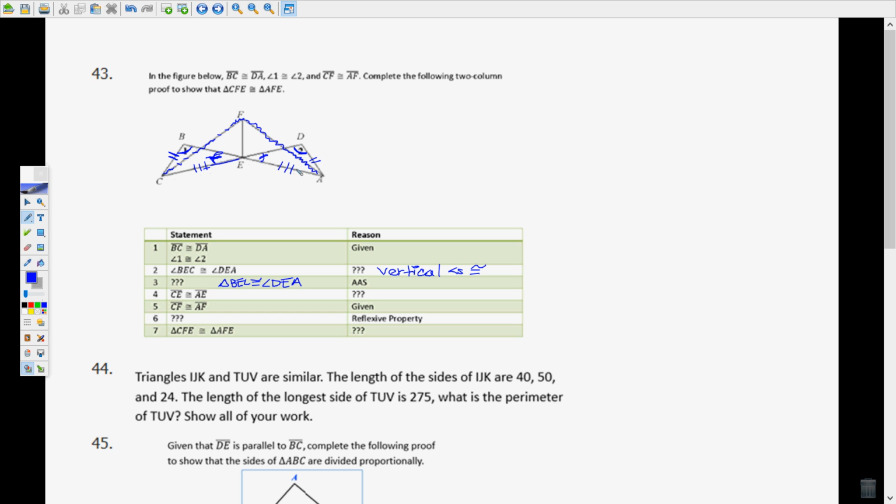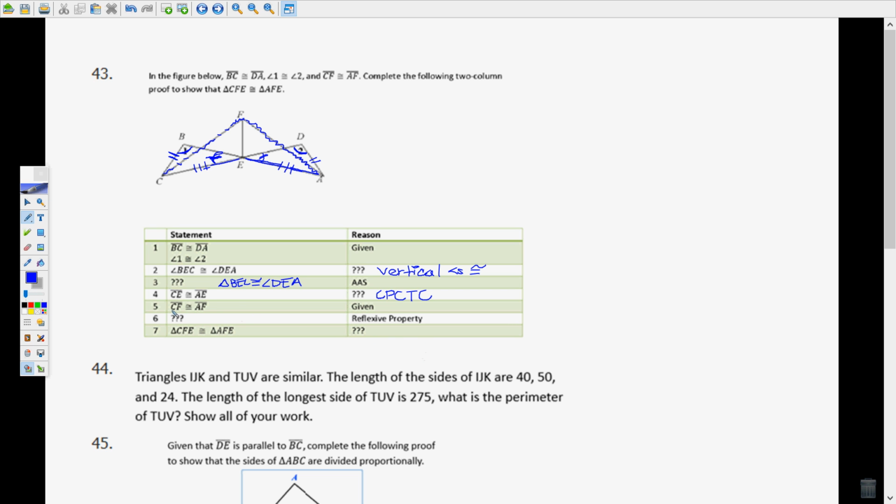What do we always know about corresponding parts of congruent triangles? They're equal. Corresponding parts of congruent triangles are congruent. CPCTC will usually be the reason for the statement that comes after proving triangles congruent.